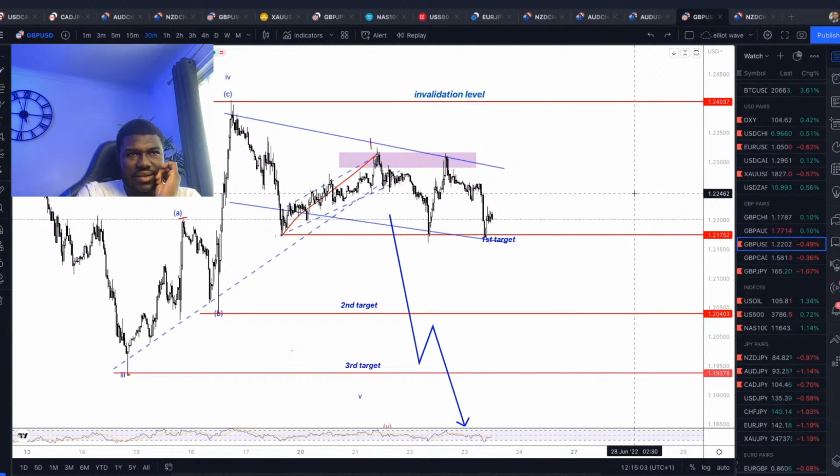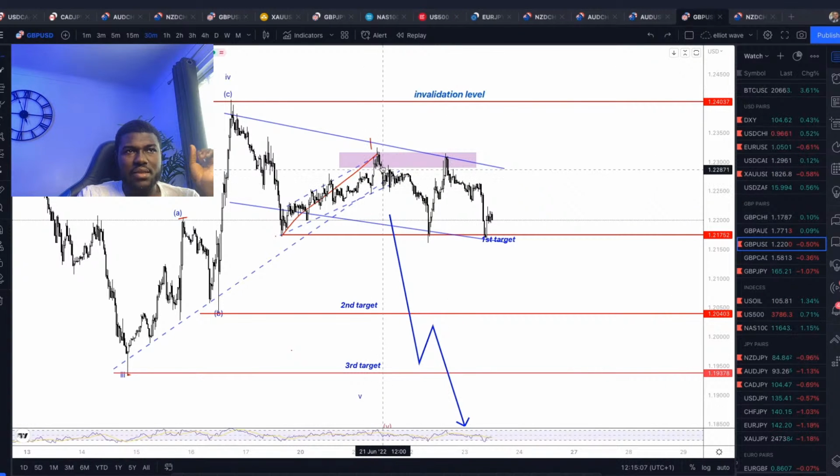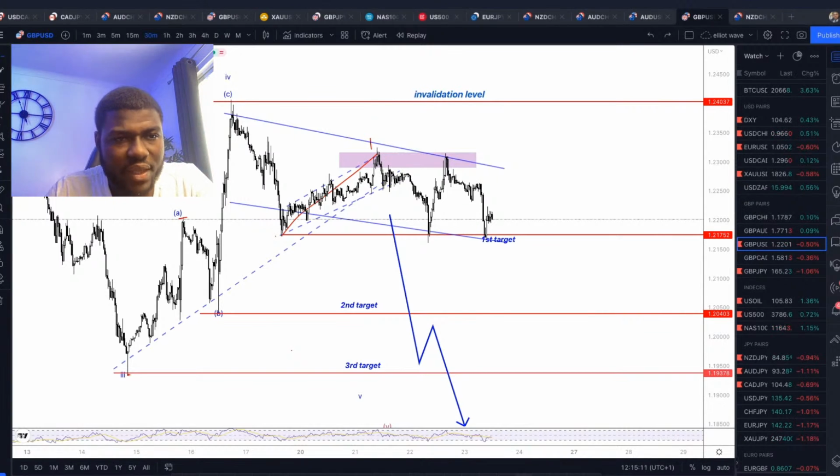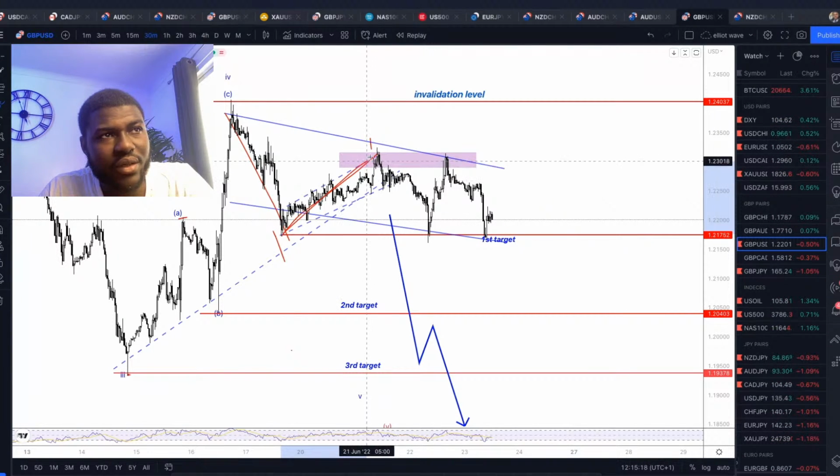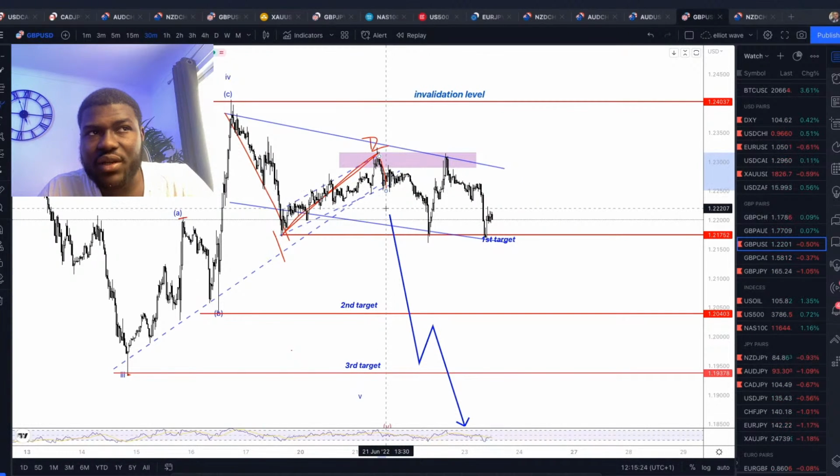But lastly, which is the current view I'm sticking with, is this. Please, guys, follow me, okay? I'm thinking the whole of this is wave one. That's what I'm analyzing. That this is a correction, as obvious as it is, wave two. And what we saw here is just wave one of three.